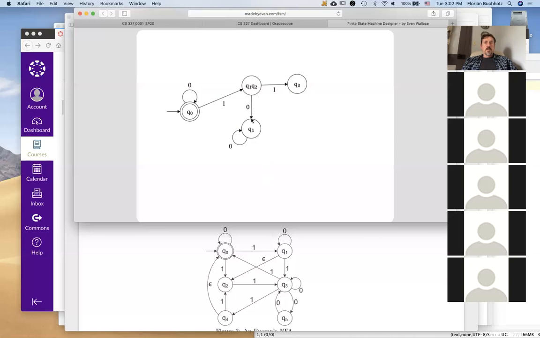So I screwed this part up. So can anybody tell me what I screwed up? So I said on Q1, Q2, if I'm in this state, on a 0, I stay in Q1. What did I forget to consider?